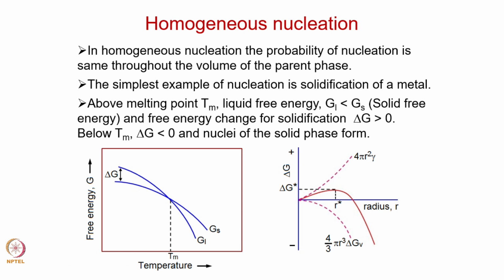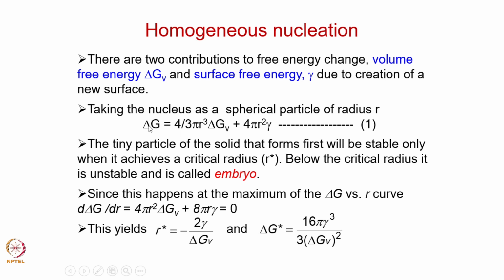Okay. So if you now take up these contributions, this is what you would get. Right? As I said, it has two contributions, the volume free energy and the surface energy, right?